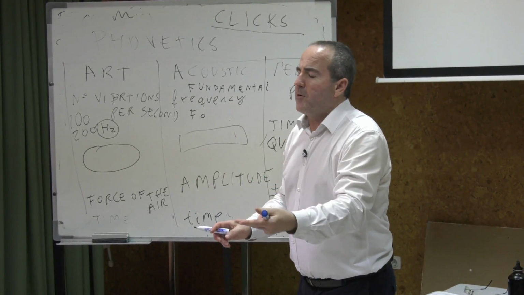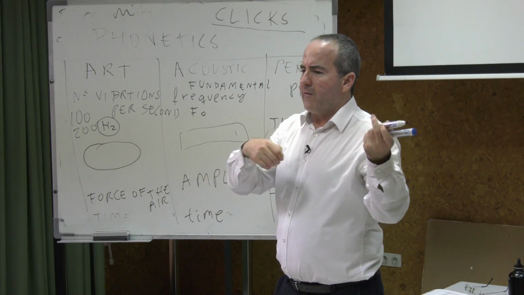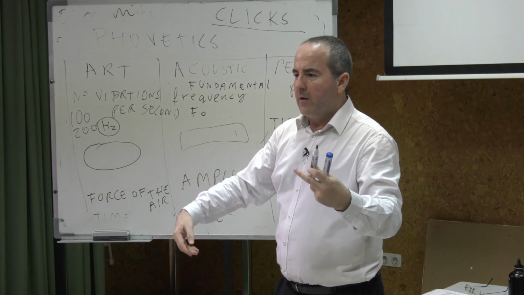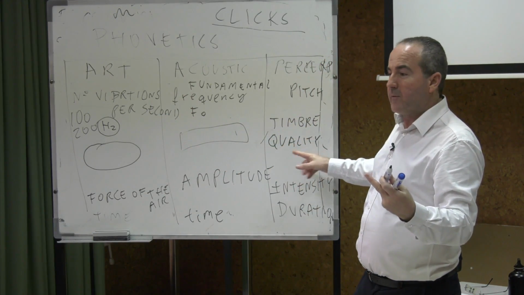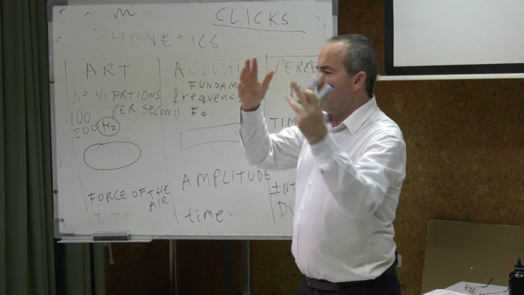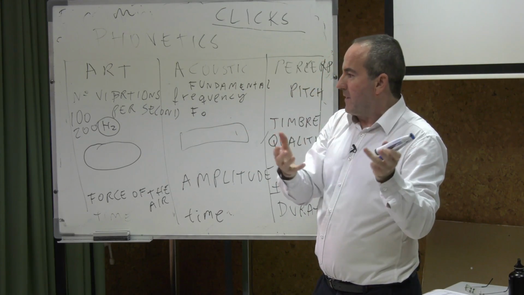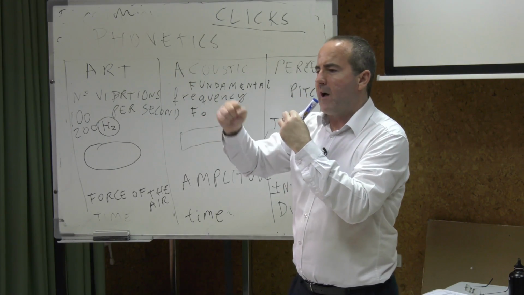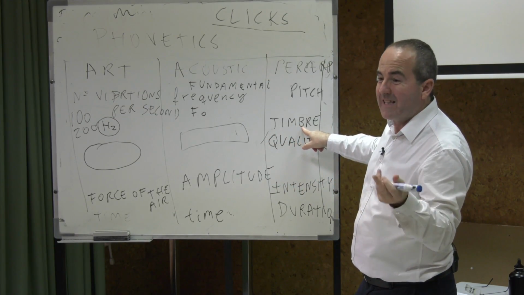It is the same principle, and probably you all know that when you have a musical instrument, a violin, or a viola, or a cello, you have a different quality to that instrument, and it depends on the resonance of the wood of this kind of instrument. Or if you have a flute, or a trumpet, you have a different quality, a different timbre for each of these.